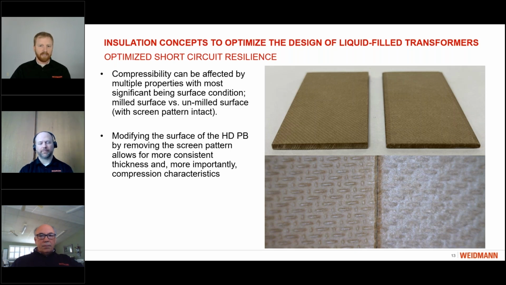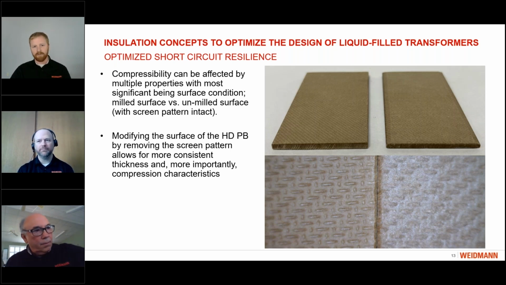On the left is unmilled, or surface condition unmodified, material, and we can see in that bottom left photo the screen pattern that is created during the manufacturing process. This screen pattern helps to compress the material and to drain and dry the material properly during the pressing.